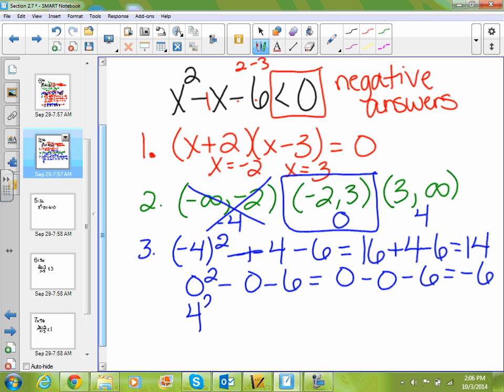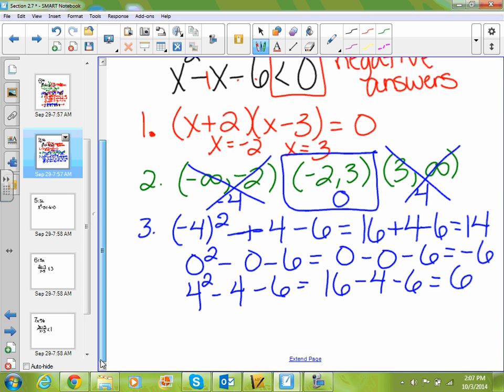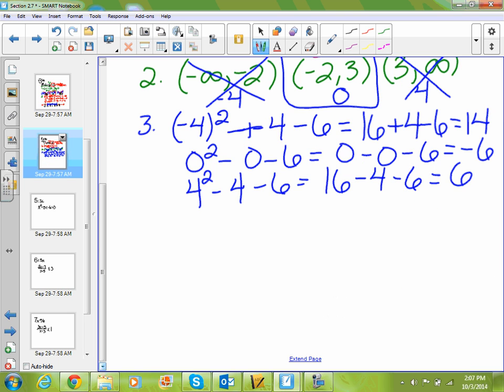So 4 squared minus 4 minus 6. 4 squared is 16, so 16 minus 4 minus 6. And what's that going to give me? 6, which is positive, so we don't care about it. There will be times when you will get more than one interval to work, but in this case we only got one. So the last thing we're going to do is graph it on a number line.